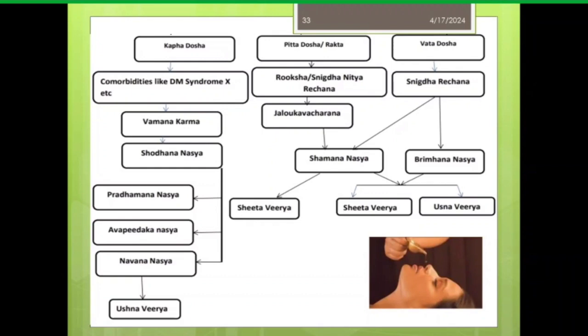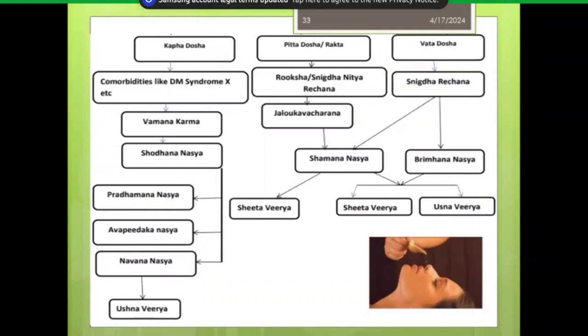So when kapha dosha is involved, or there is a comorbidity like diabetes mellitus or syndrome X, or otherwise, whenever the patient comes to you in the season of Vasanta Rutu, or sometimes Hemanta Rutu, in these conditions you are definitely not supposed to neglect the involvement of kapha.